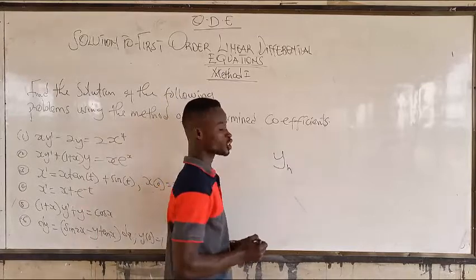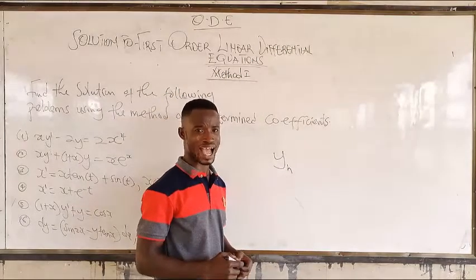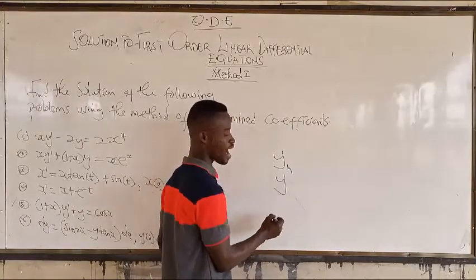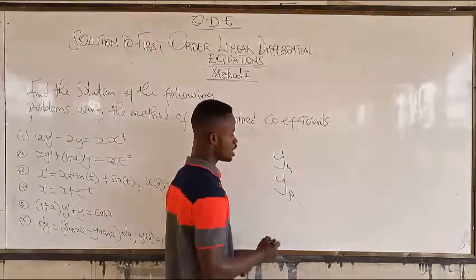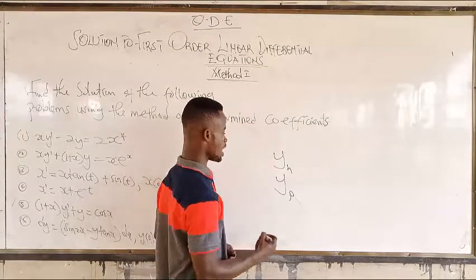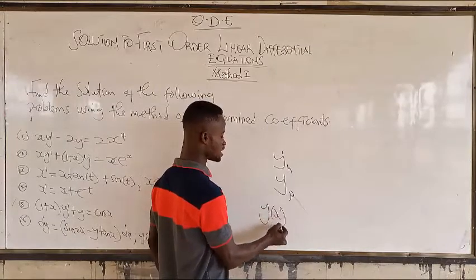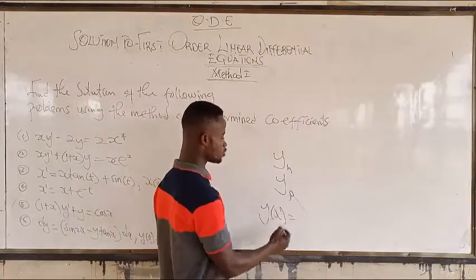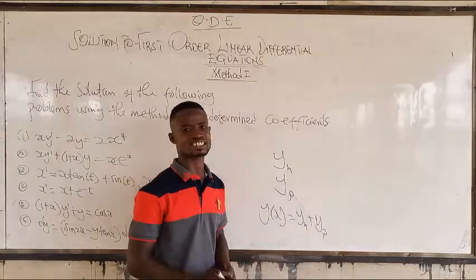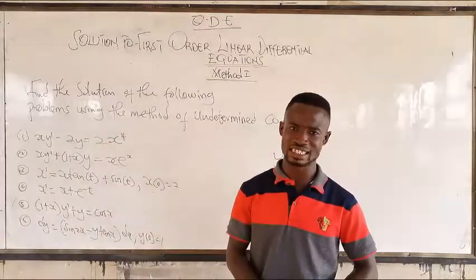y of h, which is the homogeneous part of the equation, and y of p, which is that of the particular solution. And when you want to get the general solution, then you add the y of h to the y of p. Please don't underestimate this method.